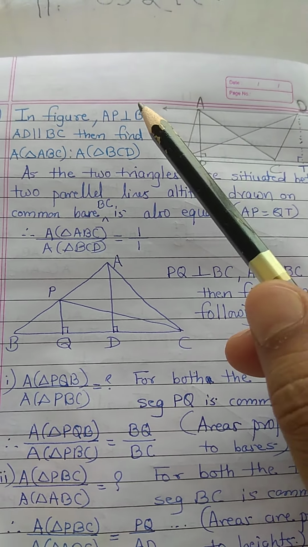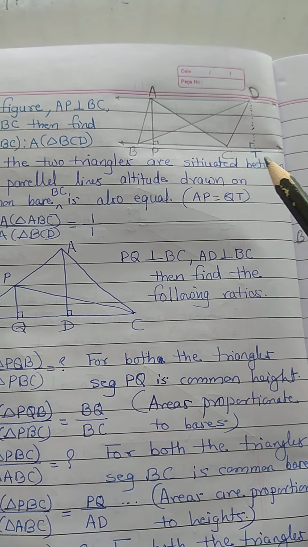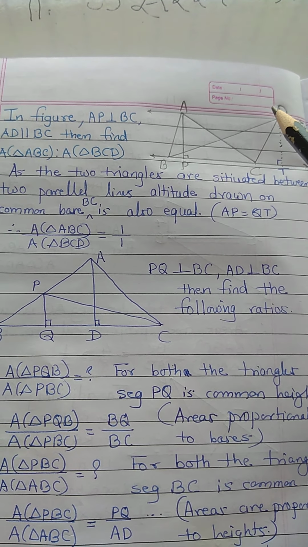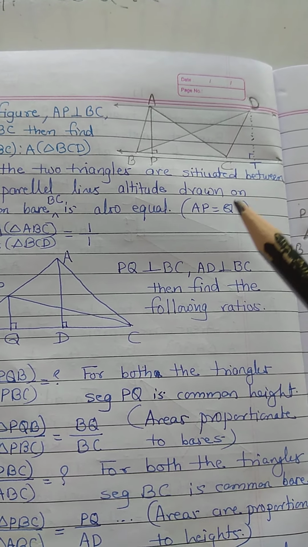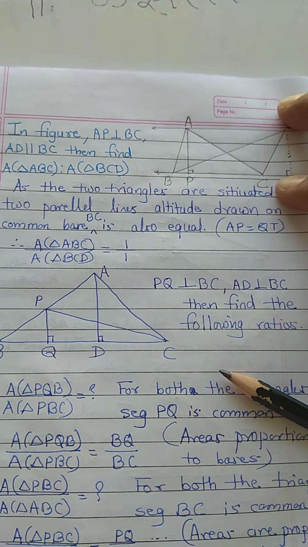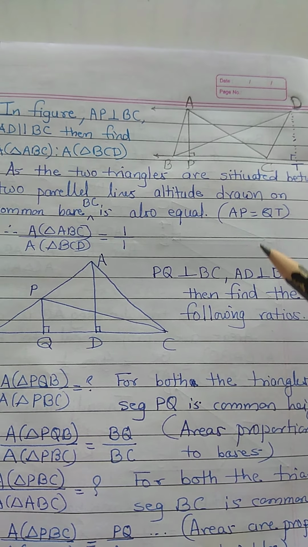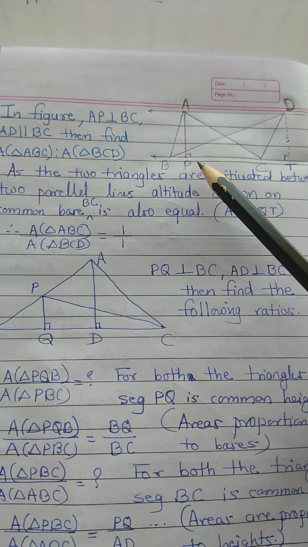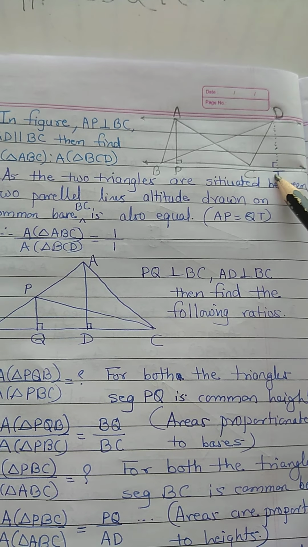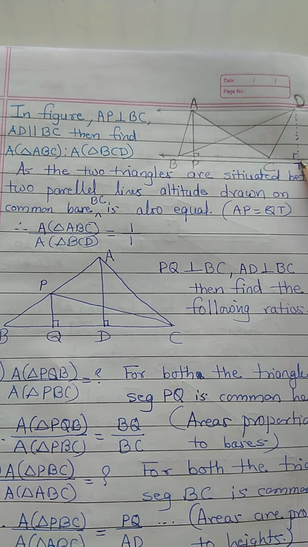As the two triangles are situated between two parallel lines AD and BC, their corresponding heights should be equal, because we know that between two parallel lines the perpendicular distance is always equal. That means height AP, which is given, and height DT, which we have drawn here, the heights of both the triangles should be equal.